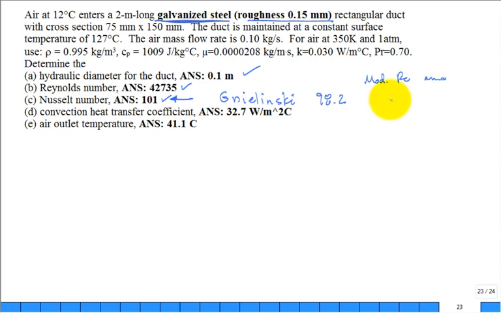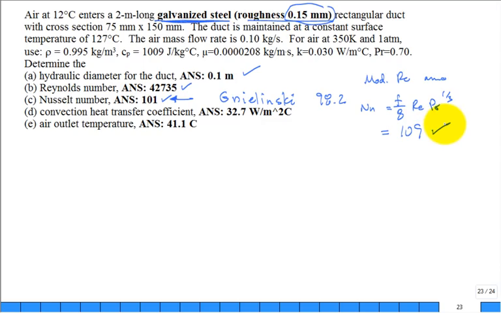What was that one? That's the friction factor over 8 times Reynolds times Prandtl to the 1/3 is the Nusselt number. If you use that simple equation, you'll get that the Nusselt number is 109. 101, 98, 109, you're in the ballpark. But because I think it's this roughness right here, I picked that one.